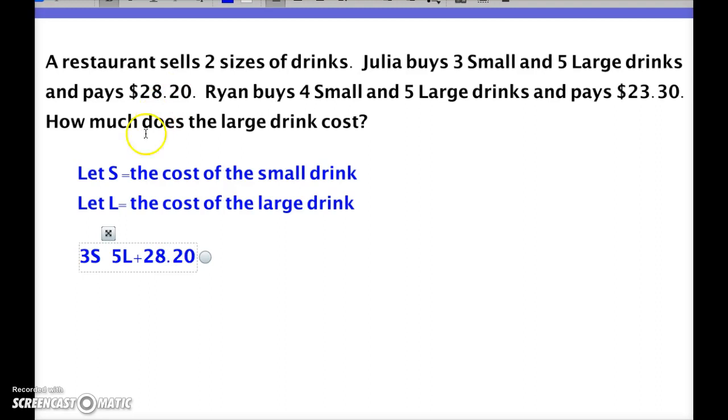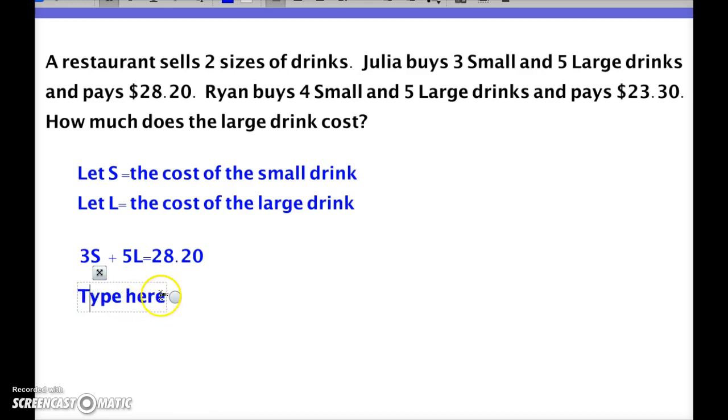So I need to add those, and it should equal $28.20. Okay, and then for Ryan, he buys 4 of the small ones and 5 of the large ones.